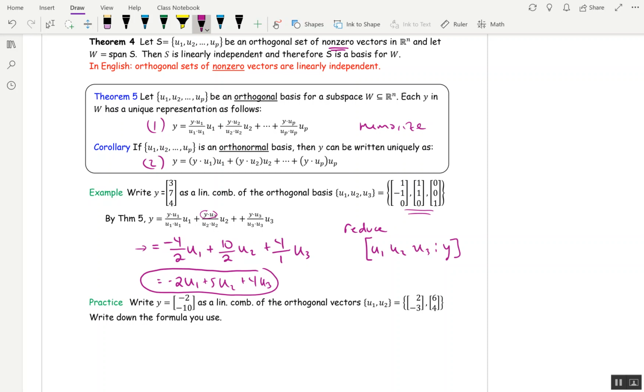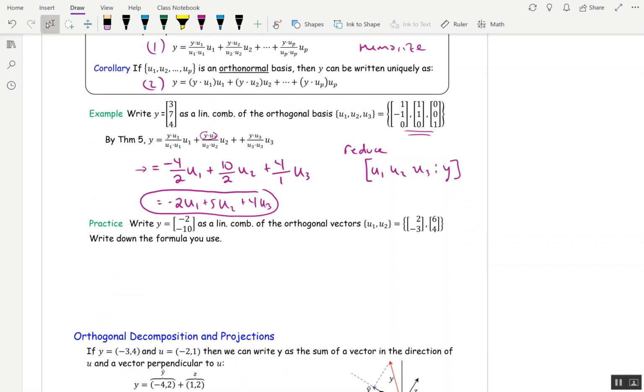All right, why don't you guys pause the video and try this one yourself? Okay, hopefully you did that. First, we want to write down the formula we're going to use.